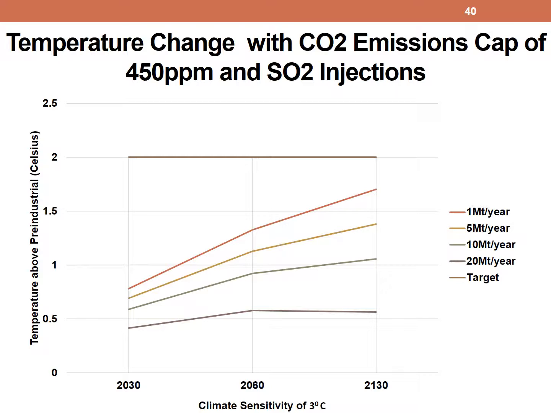But what you can note is that it does remain under 2 degrees Celsius if carbon dioxide is addressed very fast. Even with 1 million tons, you can see that the gradient is going up towards that 2 degrees Celsius, and with 20 million tons, it is stabilizing. But it still gives us below that target number and is the optimal scenario here where we are not surpassing the 2 degrees Celsius.